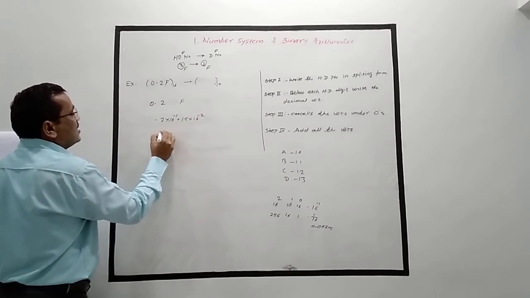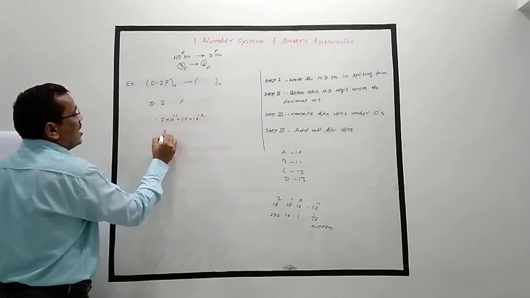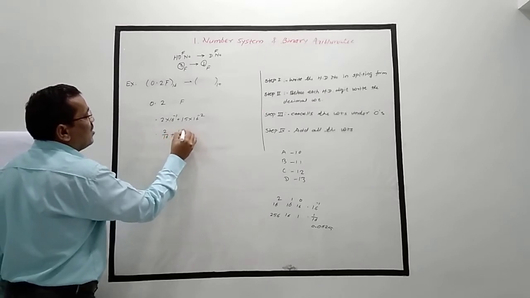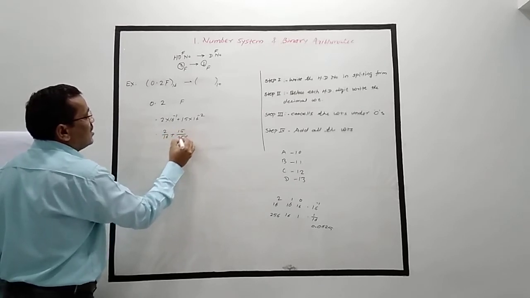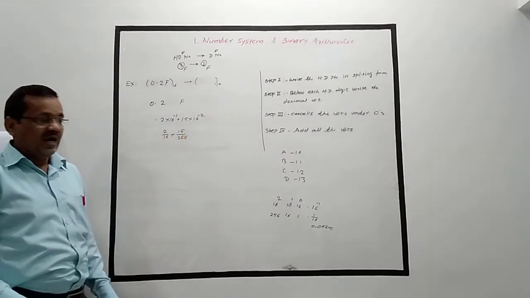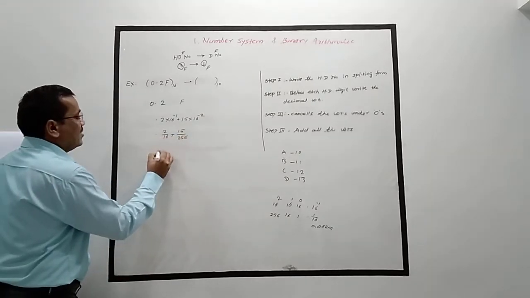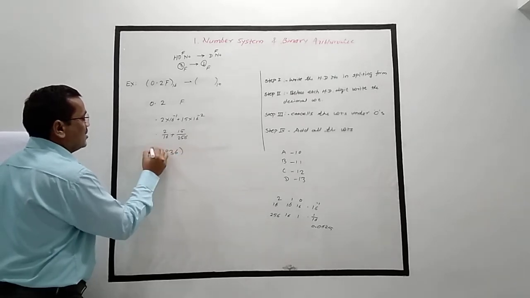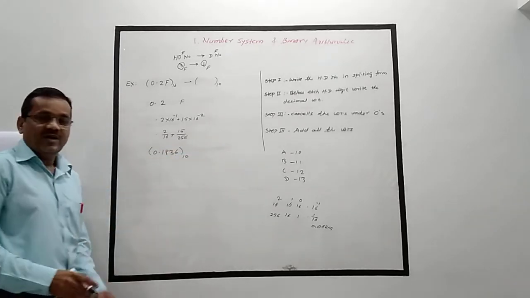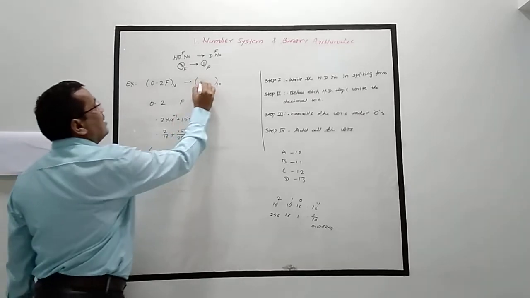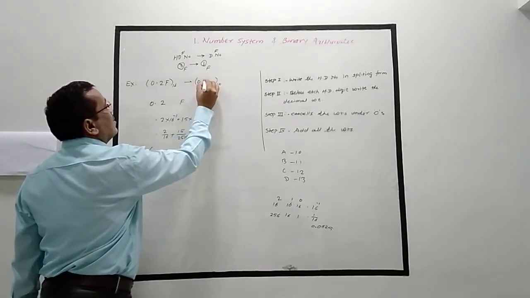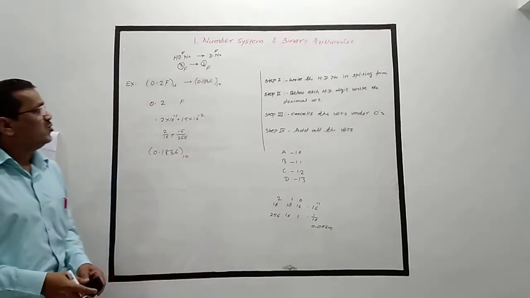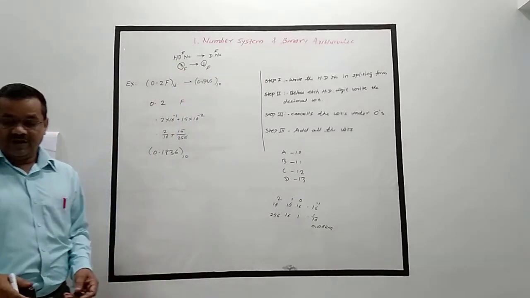That means here 2 by 16 plus 15 by 256. After solving this addition, we are getting the number 0.1836. It is of decimal equivalent. In this way, we can convert the hexadecimal number fraction into its decimal equivalent.